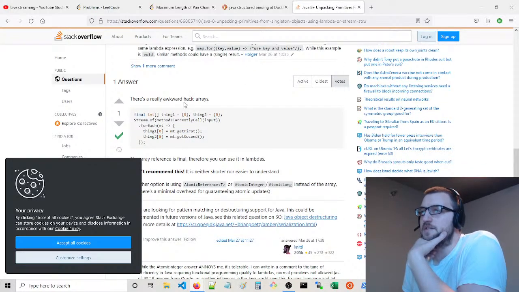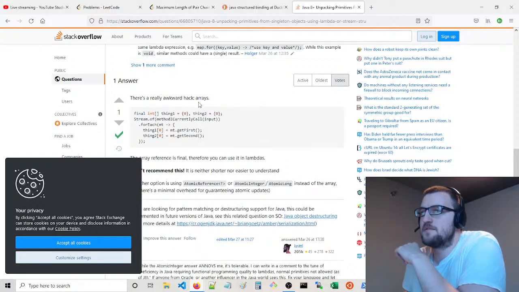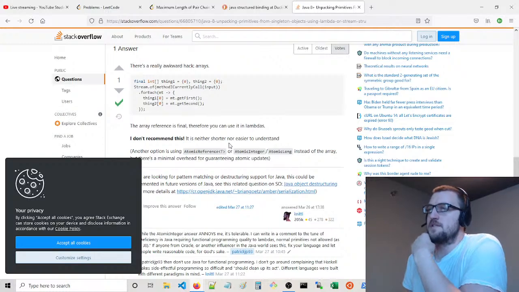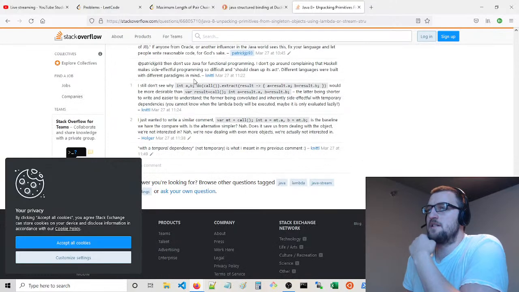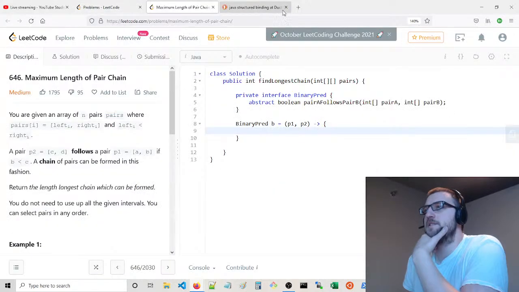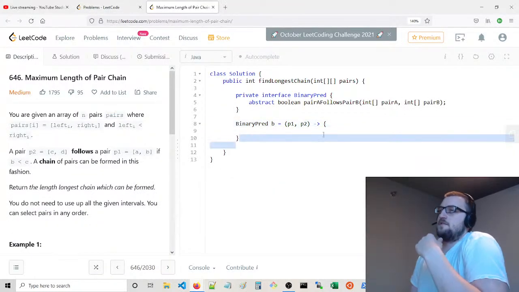Awkward hack, arrays. Oh, that's weird. Don't recommend this. Neither shorter nor easier to understand. Oh, I don't know. That's awkward. Okay, so I guess we're not going to use structured binding.